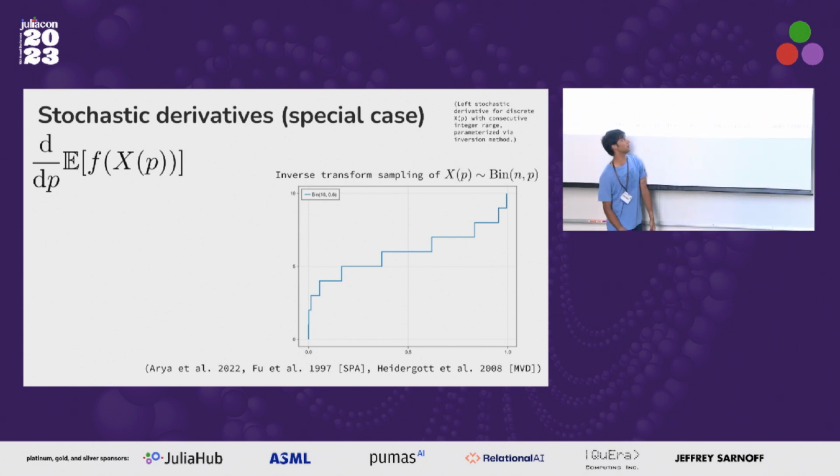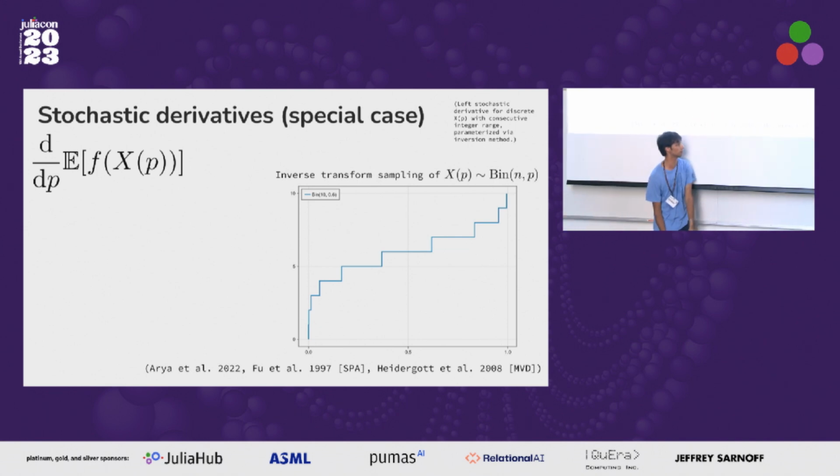You can think of sampling from it through what's called the inverse transform sampling process, where you sample a number uniformly between 0 and 1, and you look up the value on this step function. And what you get on the y-axis is your sample from the random variable. So this curve here is actually the inverse CDF of the random variable.